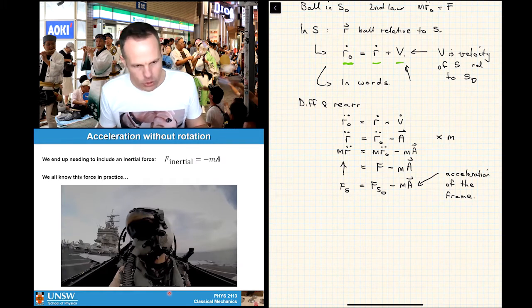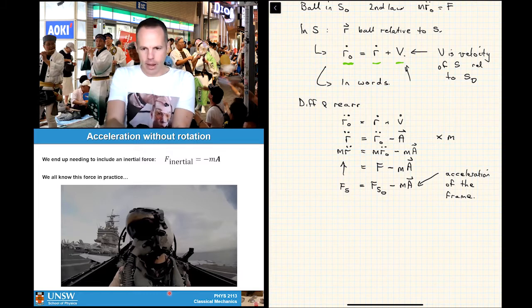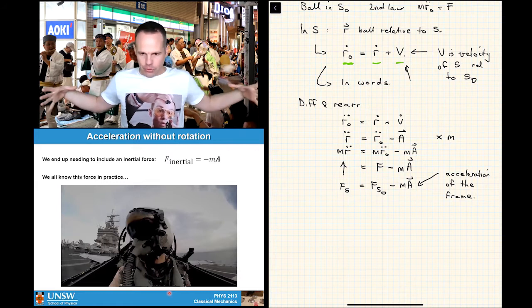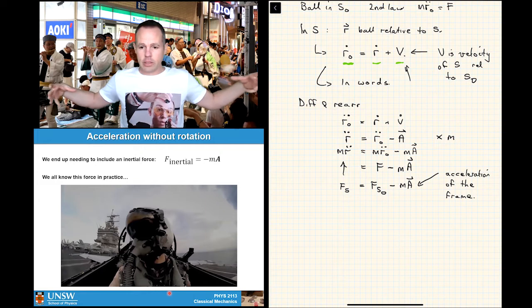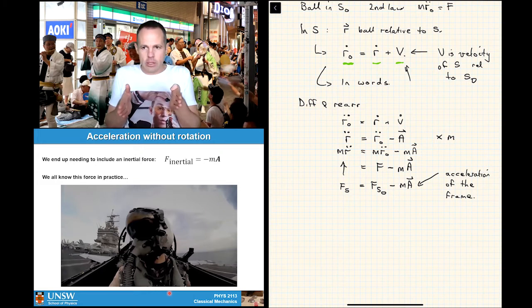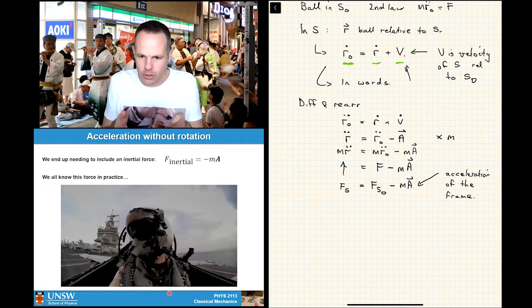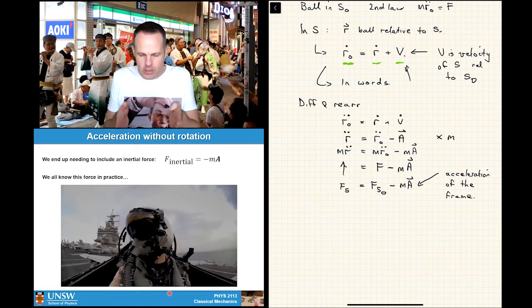And likewise, if you stomp on the brakes or you do a carrier landing and catch the hook, then your inertial reference frame is fixed. Your non-inertial reference frame is going from a velocity down to a lower velocity, so it's accelerating, but the acceleration is backwards now.